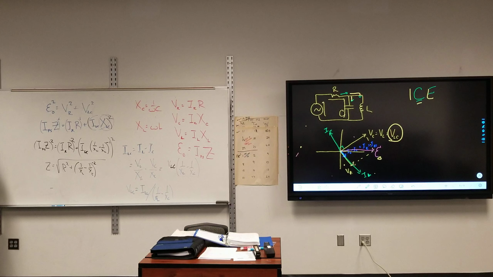Sorry, Jack, what was that? I think I wrote it wrong. You said, what does to the -2nd power mean? If I have a to the -2nd, that's 1 over a squared. So if you don't like the negative exponents, then you would write the square root of R squared plus (1/XL minus 1/XC) squared.